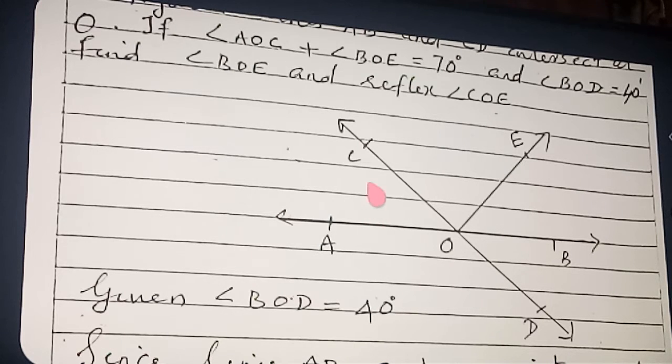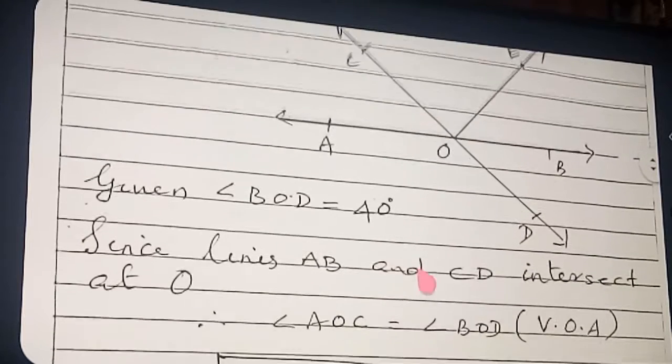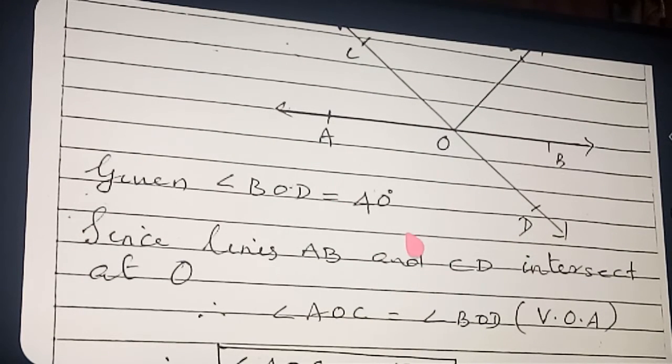Now, the next step. Second step, listen. Angle AOC plus angle BOE, how much? 70. Now you already got angle AOC as 40. So I will show the remaining calculation down. Properly listen and go step by step. Angle BOD, 40, is given. Lines AB and CD intersect at O. Therefore angle AOC equals angle BOD.